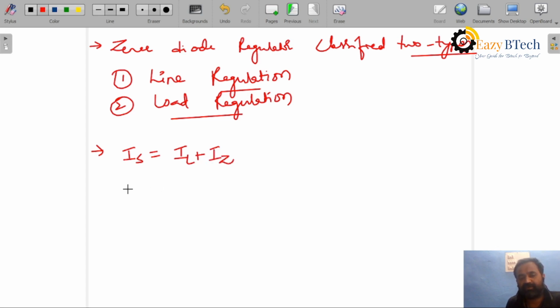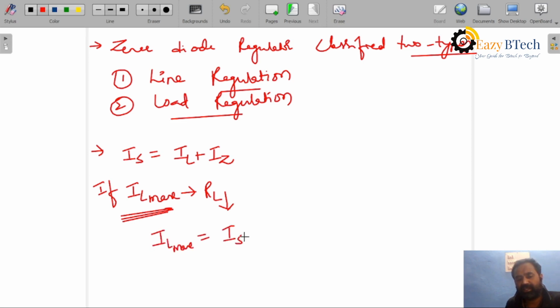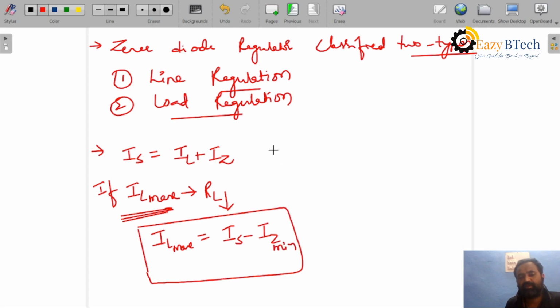Now if the load current IL is maximum, when RL is minimum, IL is maximum. We will write IL maximum is equal to Is minus Iz, and this Iz is minimum.